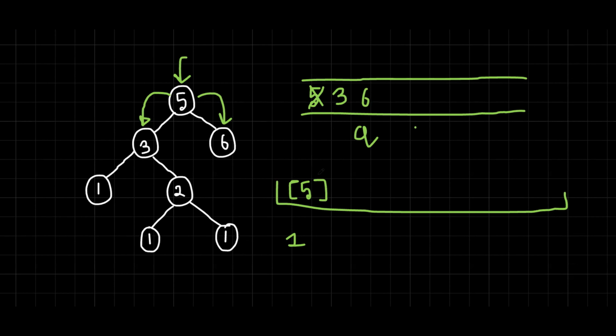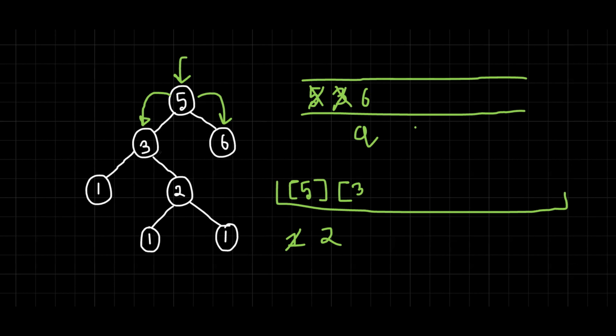Now, the first level we have calculated is 5. What is the queue size now? The queue size is 2. So we insert the first value, 3, into a vector and remove it from the queue.